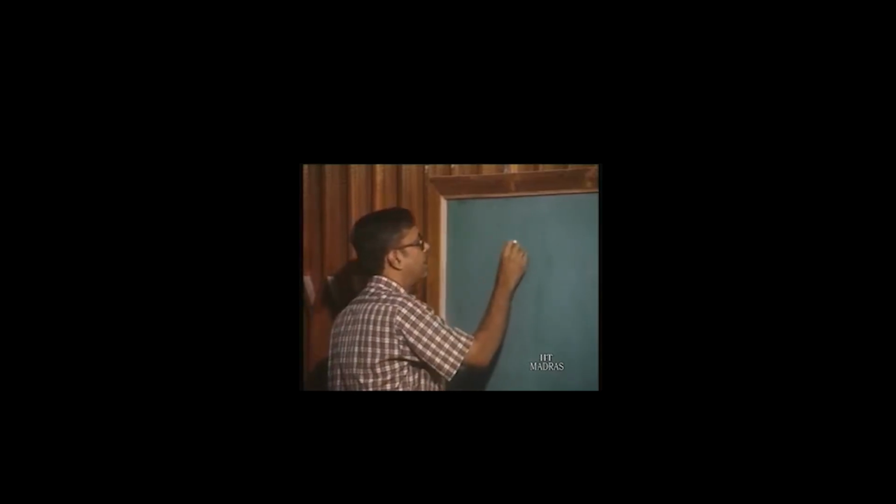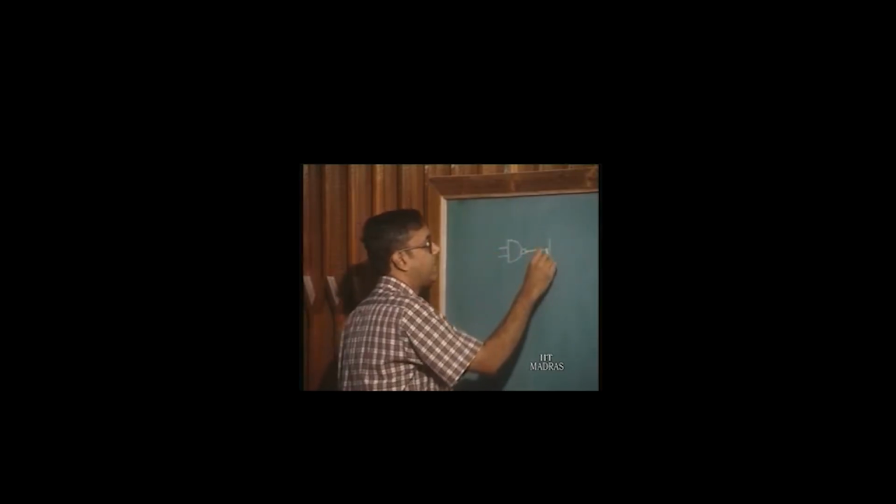That is, if we have a digital circuit, say for example a NAND gate which is driving another NAND gate, there is a line which carries the signal from the output of one gate to the other. So, this is an interconnect. Now, what is the effect of this interconnect?